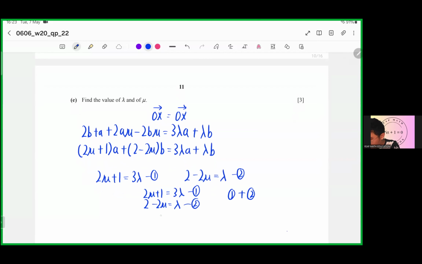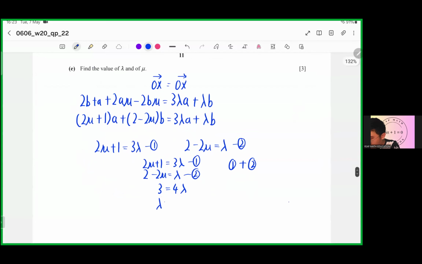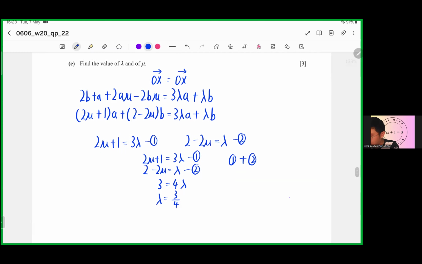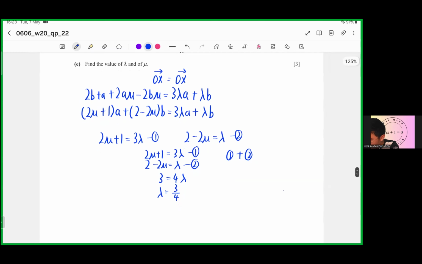So here I will get 3 equals 4 lambda. So lambda equals 3 over 4 here. And then last we see U. So 2U plus 1 equals 3 times 3 over 4, so 9 over 4 minus 1.